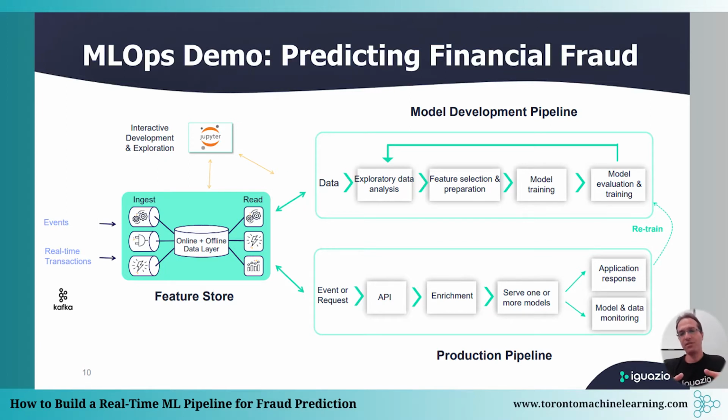Ingest those into the feature store, and then using your IDE or Jupyter, you can explore the data, do feature selection, train the model, go back and forth between the model training and the feature engineering, and then come up with a model that you're happy with and deploy that model and the entire pipeline with the feature store and the feature set in your inference environment.